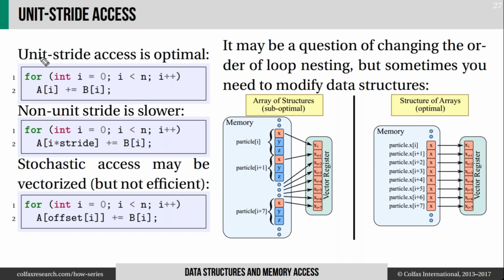Ideally, when your loop goes through some data in arrays, you want unit stride access. This is an example of unit stride access. I increment i by 1, I move in memory to the next adjacent element. This is efficient, and this is what you should always try to achieve.